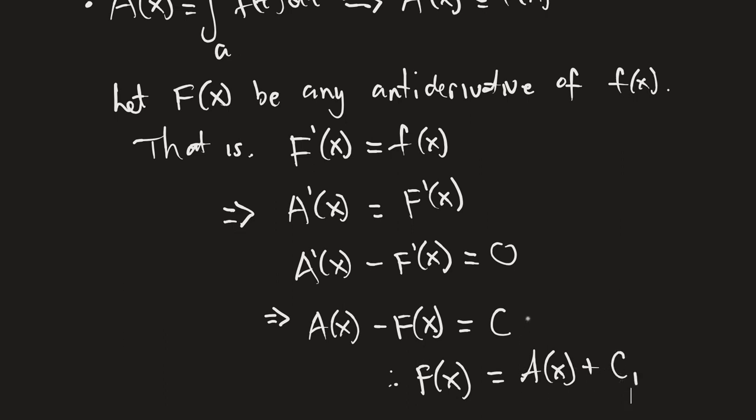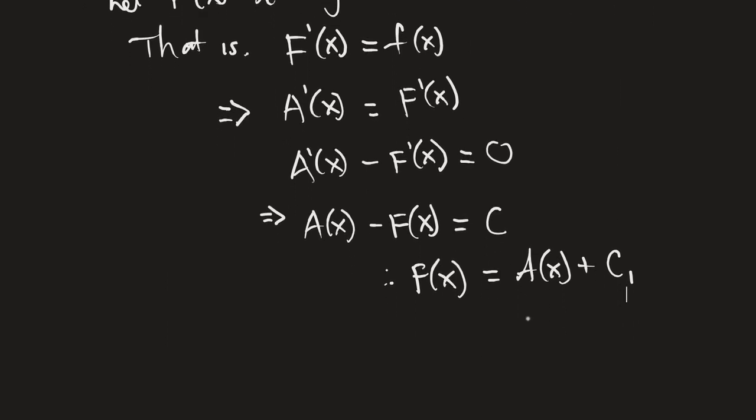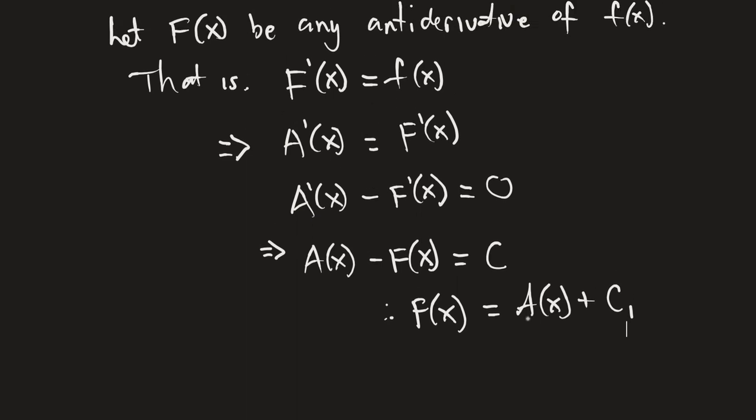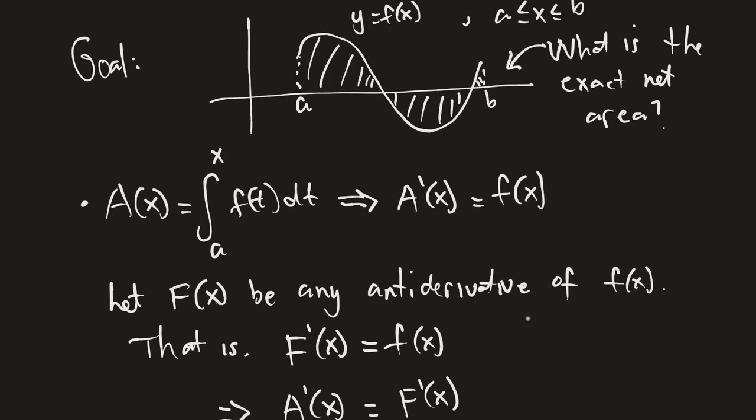Now I'm going to write down an expression. Remember what we're trying to find: the area between the graph of little f of x and the x-axis from x equals a to x equals b.